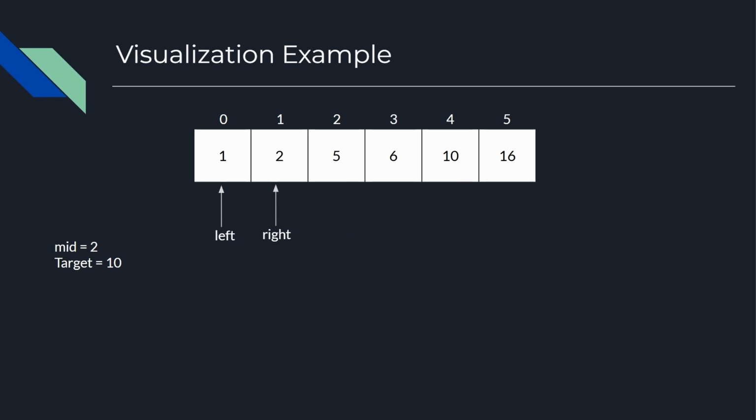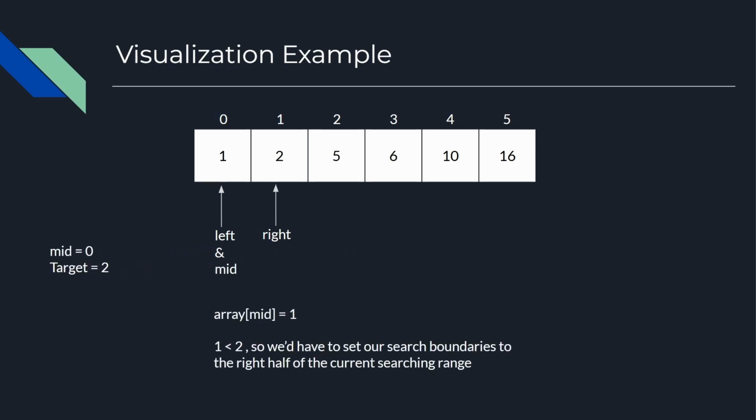Hence, when we calculate our middle index using the new left and right values, we will get 0. And therefore, our left and mid variables will point to the same number. We can see that our middle element in our current searching range is 1.